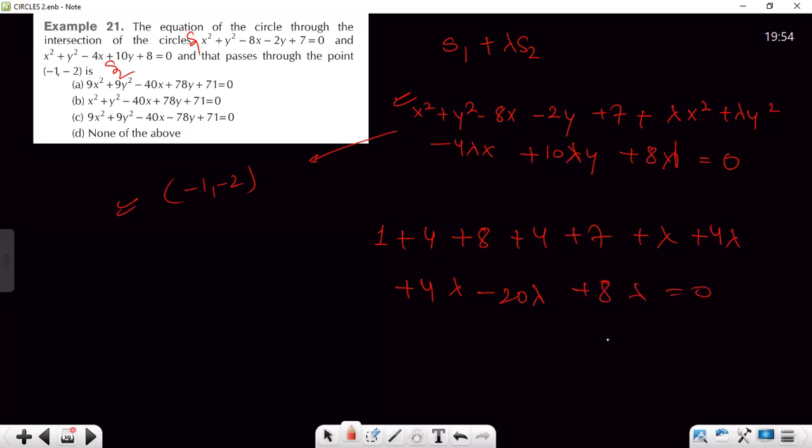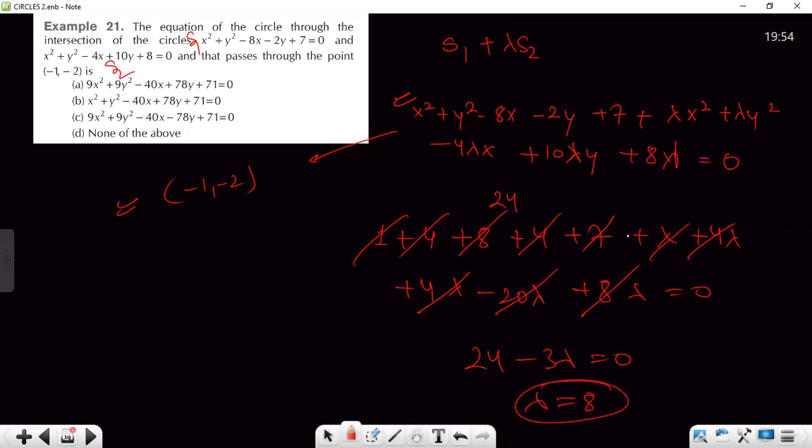Okay, let's solve it. This becomes plus 5, 13, 17, 17, and then 24. If I'm calculating correctly, this becomes 5 lambda, 9 lambda, 17 lambda, minus 3 lambda. So lambda becomes 8. If lambda becomes 8, the equation changes. Let's calculate the equation now.